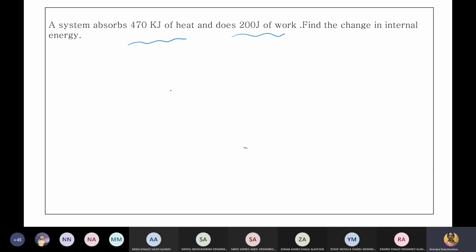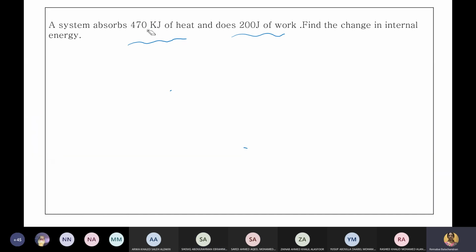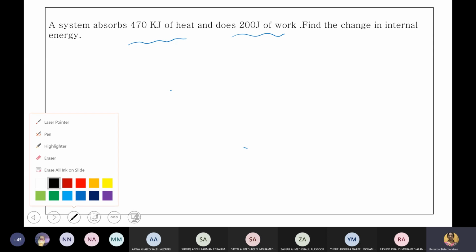Delta U equals Q plus W. The system absorbs 470 kJ. This is kilojoule, with a small k. The kilojoule unit written here is wrong; it is supposed to be a small k. Anyway, tell me, please.